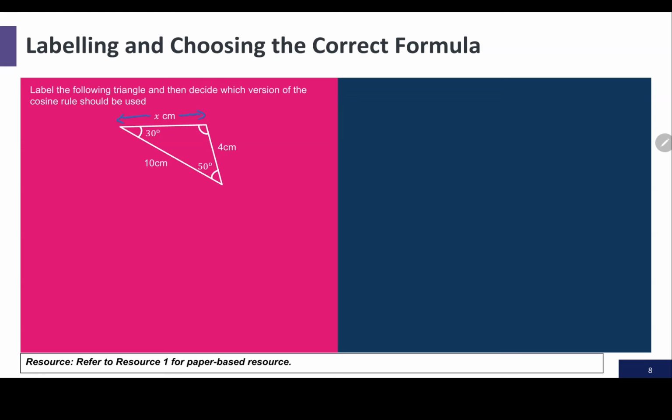So first of all, I'm going to label it. Using the formulas from earlier, it starts with a squared, and then we've got Pythagoras, and it's all about matching a up with capital A. So it makes sense to label x as a, which means the 50 degrees is capital A. The 4 centimetre side or the 10 centimetre side could be b, which means the 30 degree angle is capital B. The 10 centimetre side is c, and the opposite angle is capital C. And the formula I would be using is this one here.